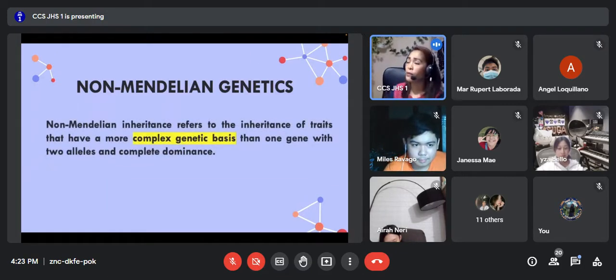So take note, when you talk about non-Mendelian inheritance, it doesn't mean it's against Mendel. The concept here is that this group of patterns of inheritance that we will talk about later on are concepts that were developed after Mendel.